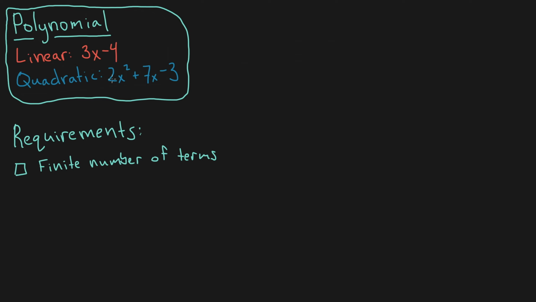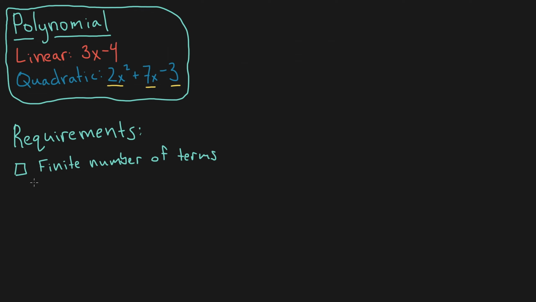And a term, remember, is just the parts that are separated by addition or subtraction. So this is a term, this is a term, this is a term. So this has 2 terms, the linear expression here, and then this quadratic expression has 3 terms. So we need to have a finite number of terms.